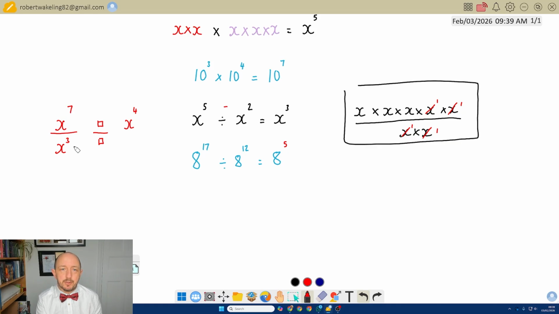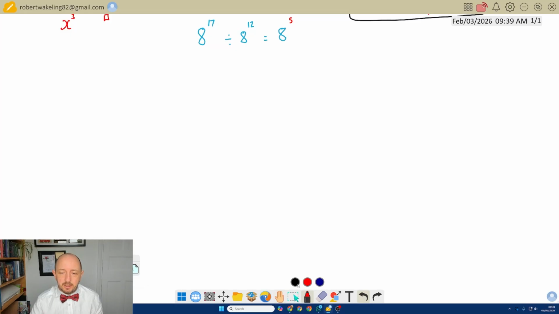The next rule that we need to be aware of is what happens if we have x squared, all cubed. So a brackets, and then the thing inside has been squared or cubed or to the power of 4 or whatever it is. Let's just have a think about what this actually means. X squared has been multiplied by itself 3 times.